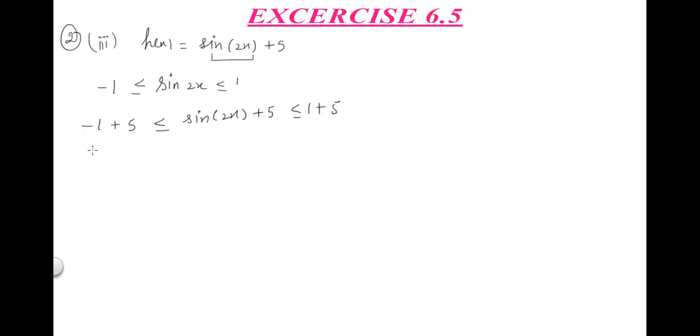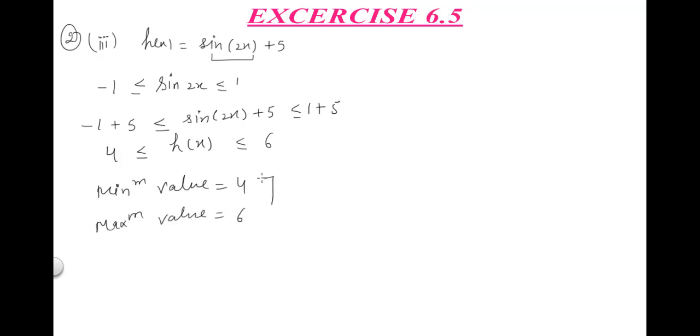We get 4 less than or equal to h of x, as given in the question, sine of 2x plus 5, less than or equal to 6. Now we see here that the function is equal to 4 or greater than 4 and less than or equal to 6. So the minimum value that we can write for this function is 4 and the maximum value is 6. So this is based on the first two concepts, maximum and minimum, that we have learned.